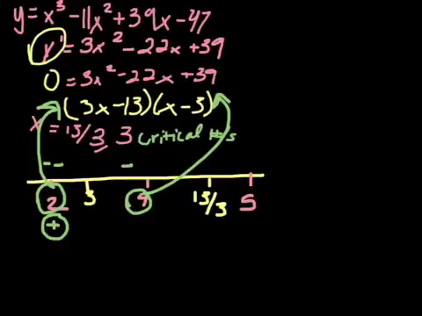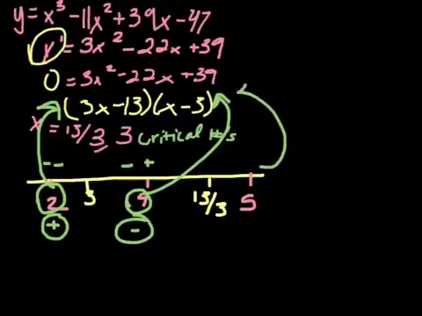That's a negative. 4 minus 3 is positive. So that's a negative number. And last, we plug in 5. 3 times 5 is 15 minus 13, which is a positive. And then 5 minus 3 is positive, so that's positive.